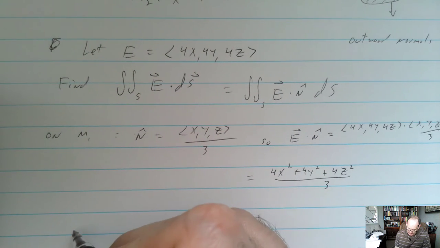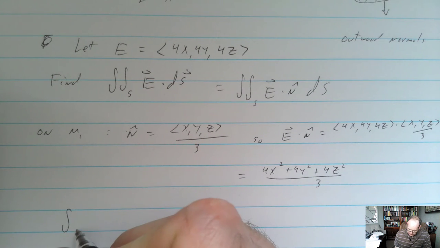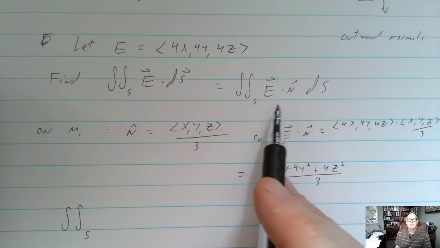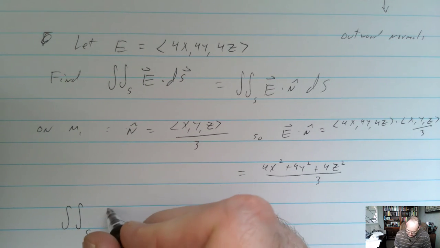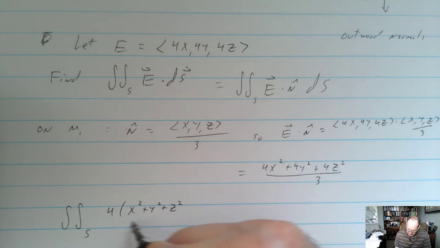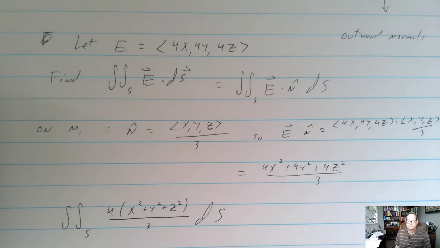So my integral will be, and notice of course the normal is upward for outward, E dot the unit normal, 4, let's do x squared plus y squared plus z squared all over 3 dS.